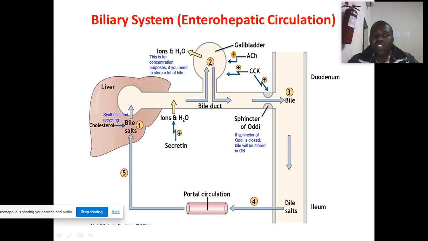The deconjugation of bile salts into acids so that they can easily be absorbed by the system. So this is the biliary system. It's a system of ducts, organs, and associated structures that function in the production, storage, secretion, and transportation of bile.